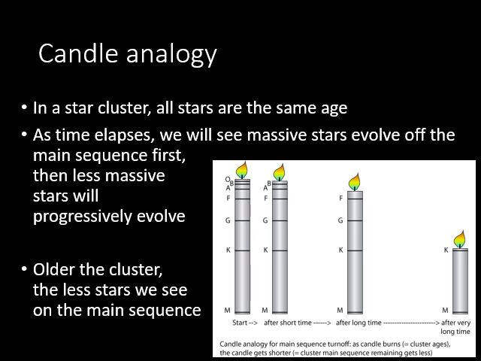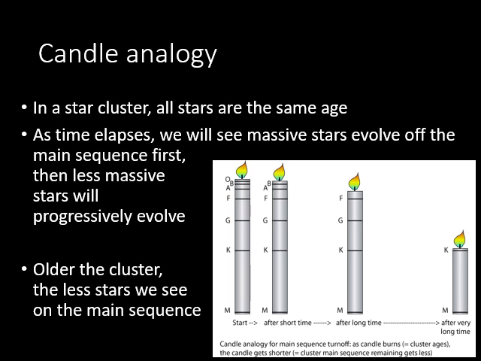All right, so now we need to talk about what's going to happen to these stars and understand how looking at an HR diagram actually tells us age. We're going to go through this candle analogy first with stars and then again with the vehicles so that we are all on the same page. In a star cluster, remember, all the stars are the same age.